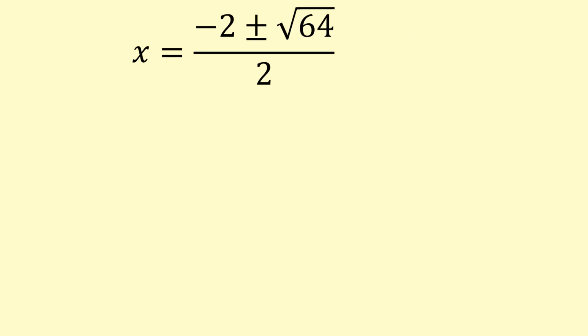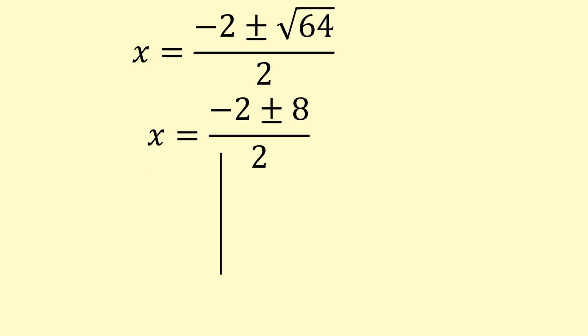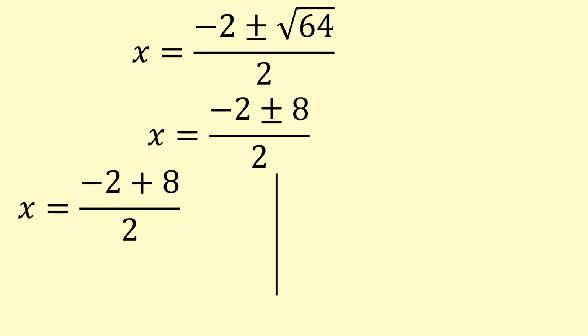So we'll simplify it further. So we have x is equals to minus 2 plus or minus 8 over 2. And we'll have two sets of solutions, minus 2 plus 8 over 2. By the time we simplify that, we have x is equals to 6 over 2, which is equals to 3.